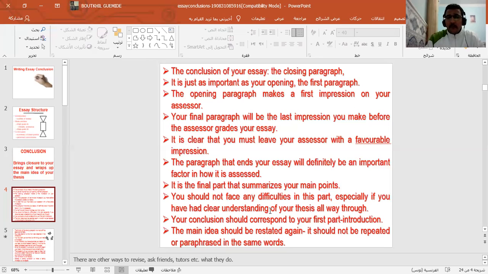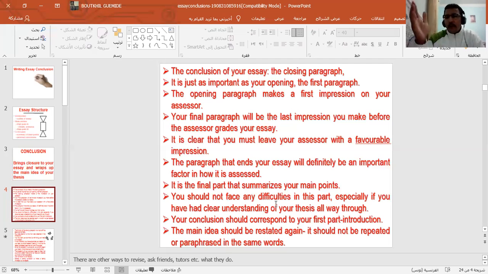As I've already said, the concluding paragraph is very important, because it is the final part in which you are supposed to restate your thesis statement and also summarize the main points of your essay.